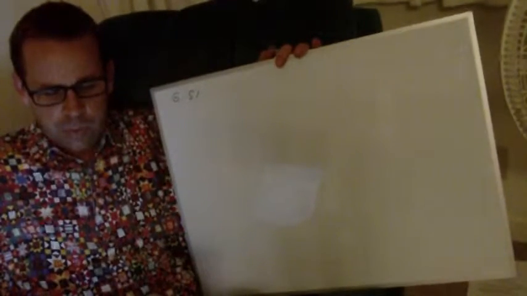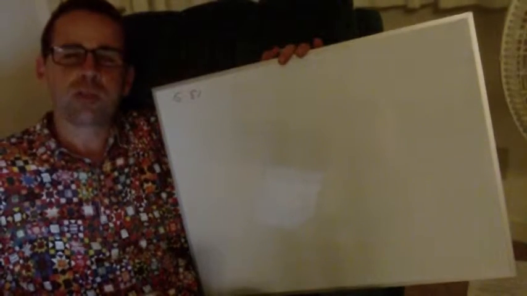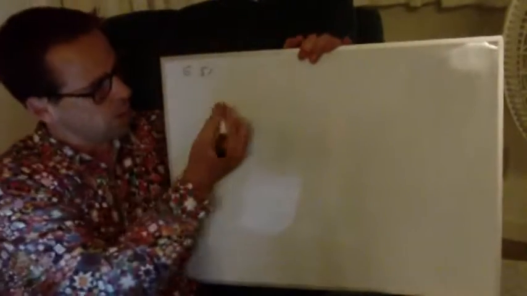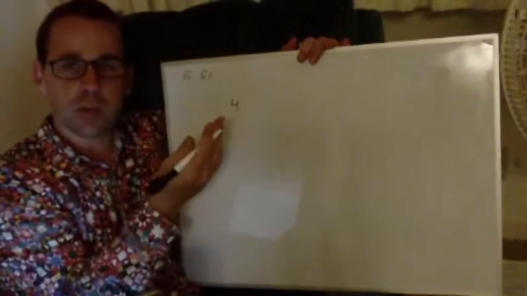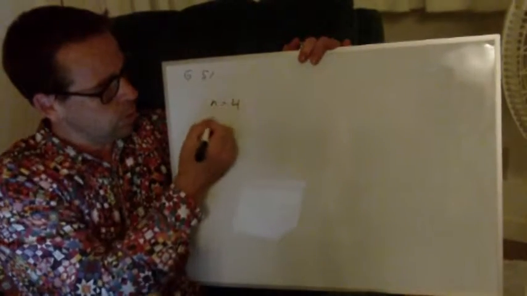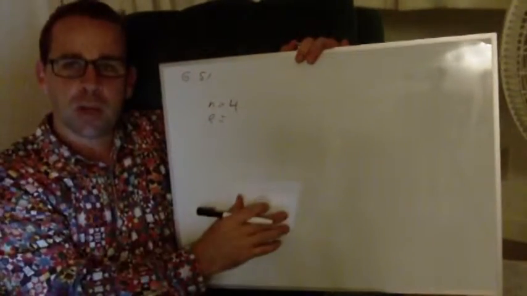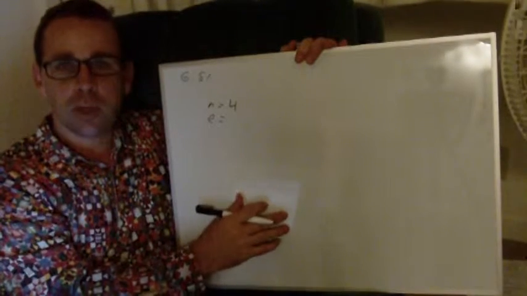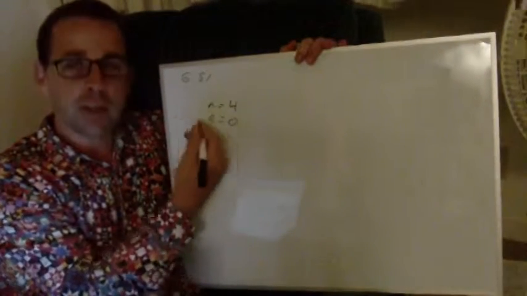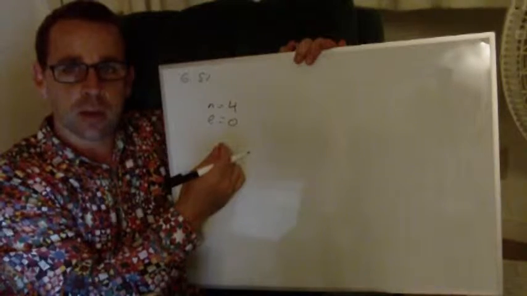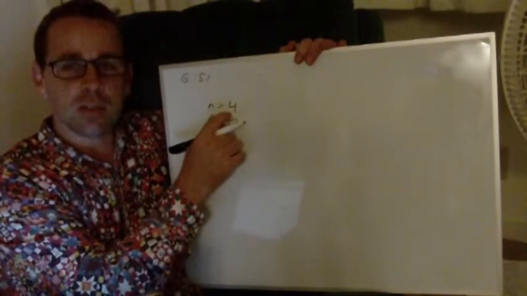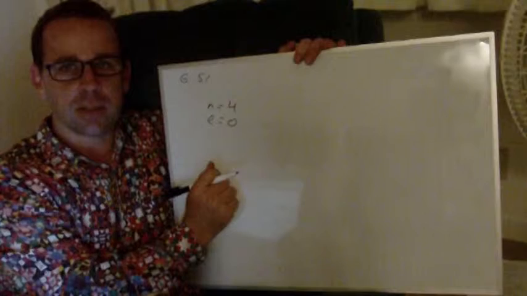Part A, for n equals 4, what are the possible values of L? Alright, well, we talked about this already just a second ago. If n equals 4, possible values of L are, we can always have 0, and then it counts up higher, but it always has to be up to n minus 1.